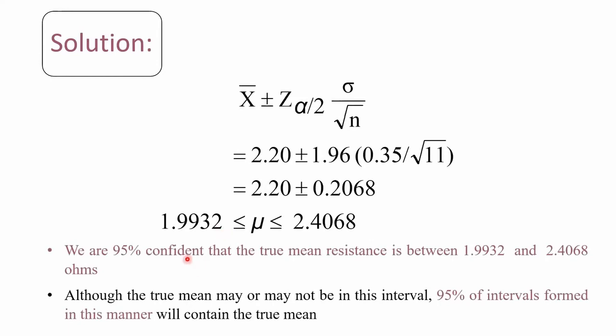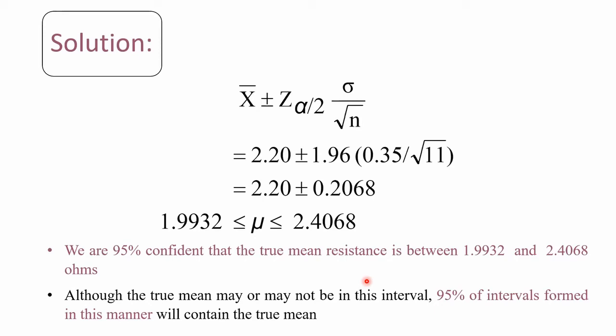We are 95% confident that the true mean resistance is between 1.9932 and 2.4068. Although the true mean may or may not be in this interval. 95% of intervals formed in this manner will contain the true mean. So that is very important to understand, because we are 95% confident that a true mean resistance is in between these two values, but the true mean may or may not be in this interval as well, because 95% of the intervals that you form in this manner will contain the true mean. That is for sure, right?